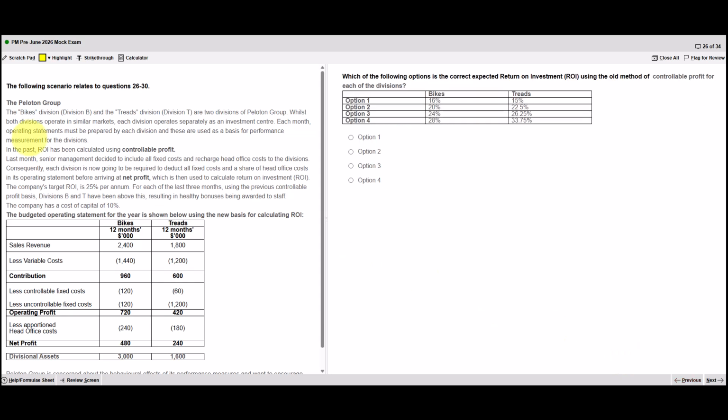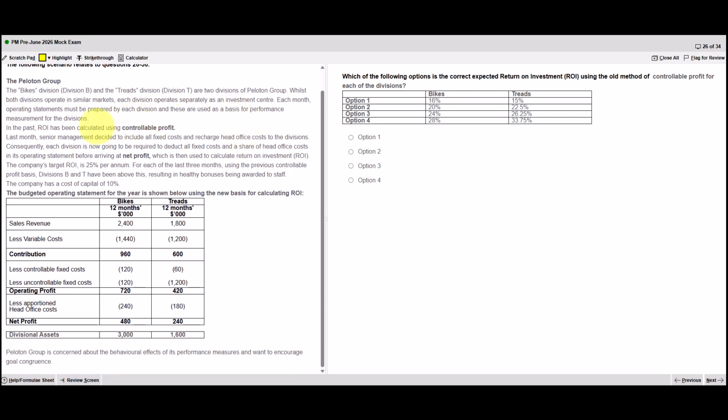So Peloton Group, the Bikes Division, Division B, and the Treads Division, Division T, are two divisions of the Peloton Group. Whilst both operate in similar markets, each division operates separately as an investment centre. Each month operating statements must be prepared by each division, and these are used as a basis for performance measurement for the divisions.